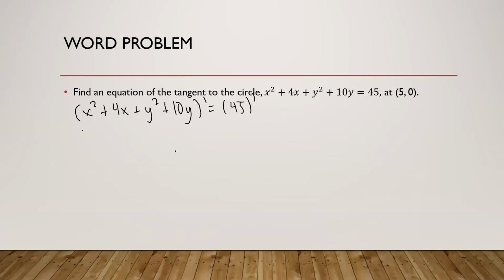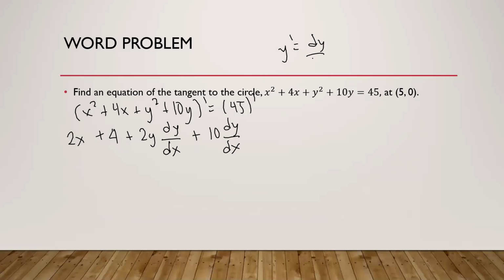So, pag sinabing x squared, pag na-differentiate siya, magiging 2x. Tapos, pag na-differentiate si 4x, ay magiging 4 siya. Tapos, si y squared naman ay magiging 2y, then dy over dx. Tapos, si 10y naman ay si 10 dy over dx. Keep in mind that y squared is equal to dy over dx.